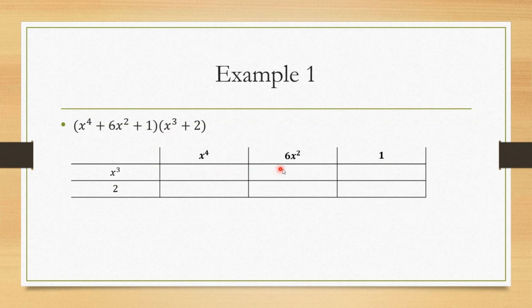Now we have these missing grid entries here, right? As I wrote in the previous slide, to fill in the missing entries, you multiply corresponding row and column entries together.